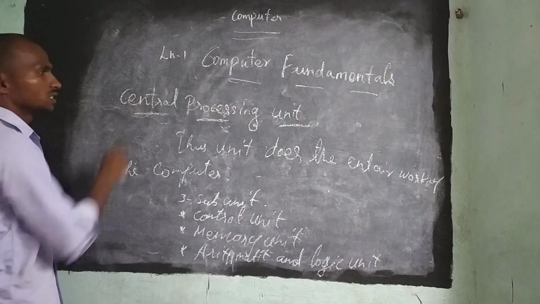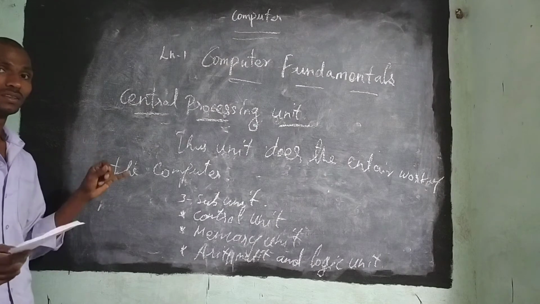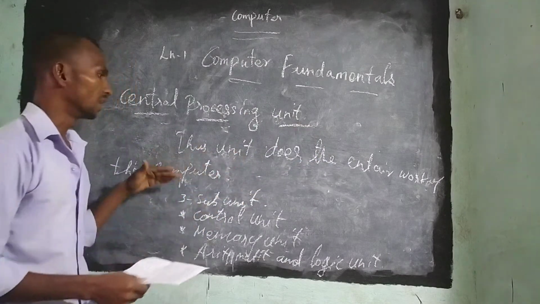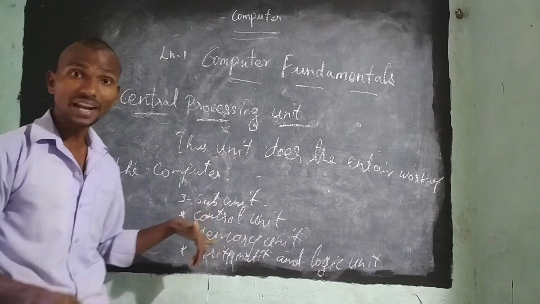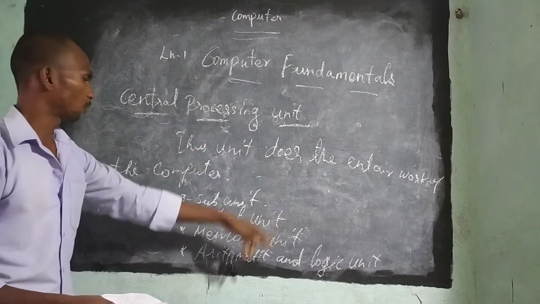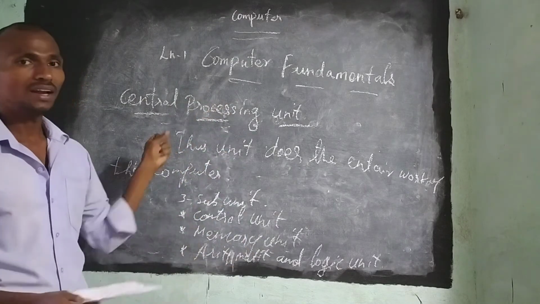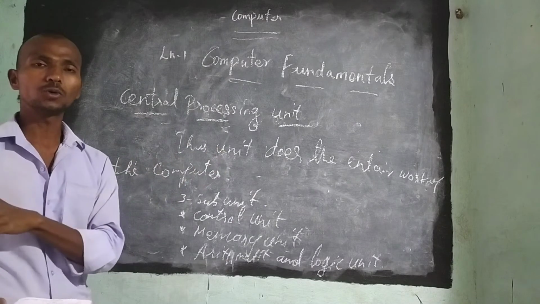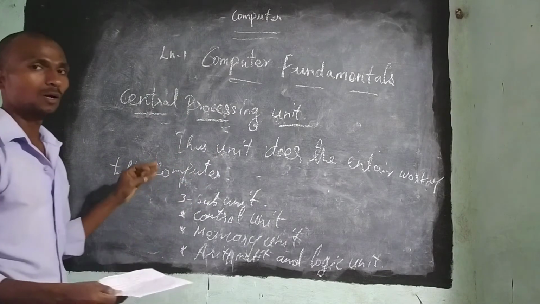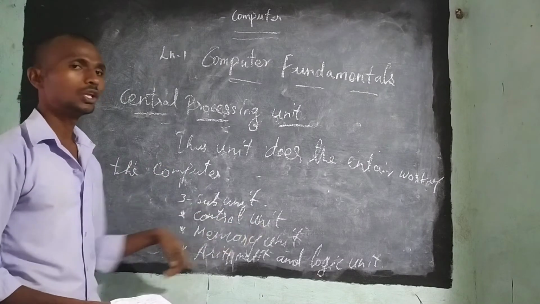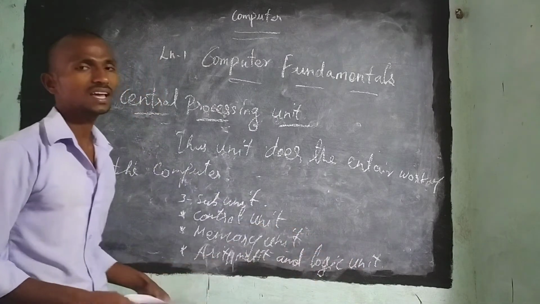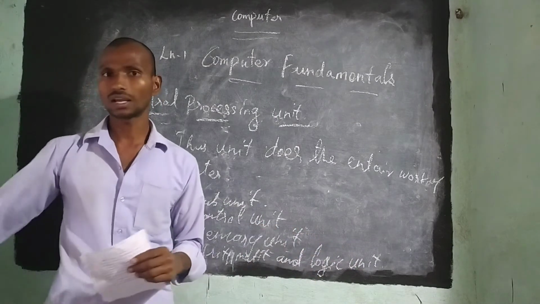The central processing unit does the entire process of the computer and is called the brain of the computer. It gets the input from the input unit, processes it in the CPU, and sends the output to the output unit. It has three subunits: control unit, memory unit, and arithmetic and logic unit, called the ALU.